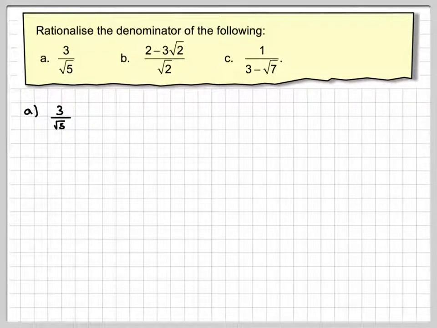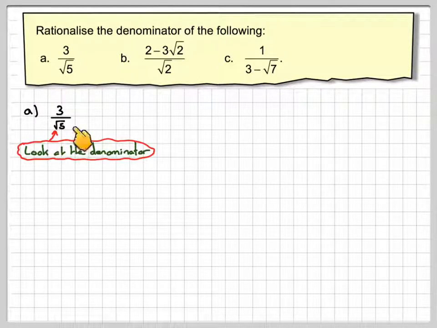Okay, so the idea of rationalising the denominator is so that we remove any square roots in the denominator. So we need to look at the denominator, and the denominator in this one says root 5. Now I know if I did root 5 times root 5, that would actually give me 5. So what I do is I multiply the denominator by root 5.